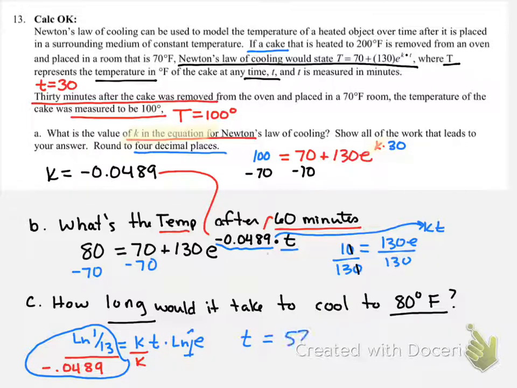Time equals 52.48 minutes, which makes sense because at 60 minutes, the temperature was, whatever we had, but it was 70-something degrees, if I recall. Anyway, the answer to this is 52.48 minutes.